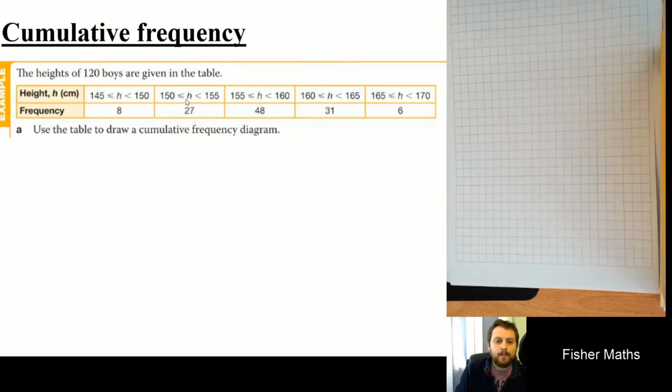And what these symbols here are, the less than or equals and the less than that we've got here, they're just there to tell you whereabouts you would go if you were exactly 150, or you were exactly 155, or you were exactly 160, or you were exactly 165. So it's the one with the line in it, which is where you would go.